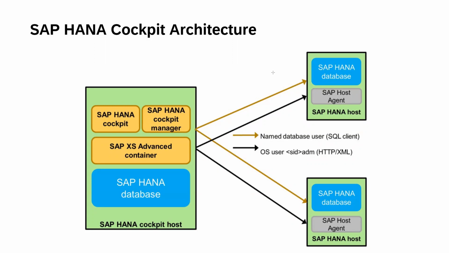You access it directly through your browser, so it is platform independent. Your HANA Studio you have to install. If you have a Windows system, you have to install HANA Studio for Windows. If you have a Linux system, you have to install HANA Studio for Linux. So one difference is that.